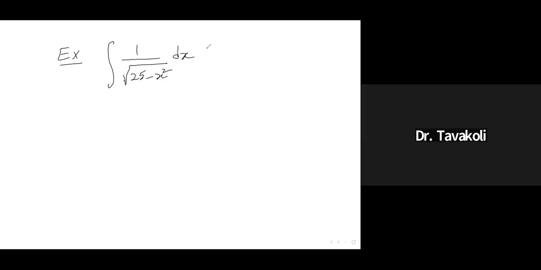Some of you might think that this is a very familiar integral to you, and you might even know the answer. But we are trying to do this by using the substitution.